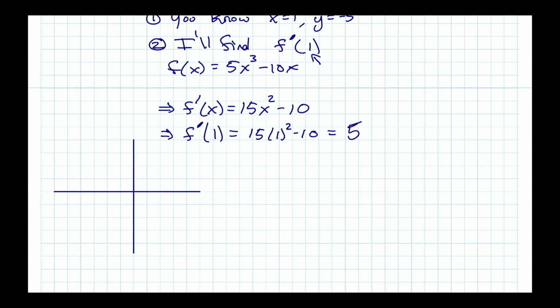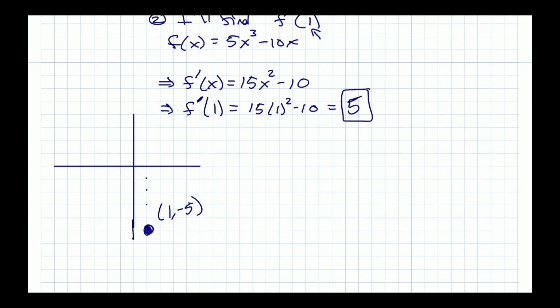So 1 comma -5, 1, 2, 3, 4, 5, so down here. Okay? That's 1, -5. And what's the slope there? The slope there is 5. So I don't know what the function looks like here, but what I do know is right here, the slope is 5.